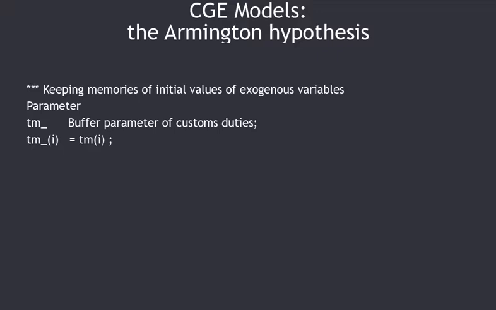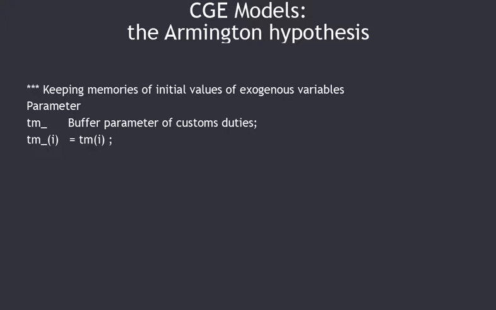The suffix underscore is generally used to indicate a buffer parameter, that is to say a parameter where I keep the initial value of a parameter or an exogenous variable. So by the instruction tm underscore in sector I is equal to tm in sector I, I assign the values from tm in sector I to tm underscore in sector I before annulling tm in sector I.